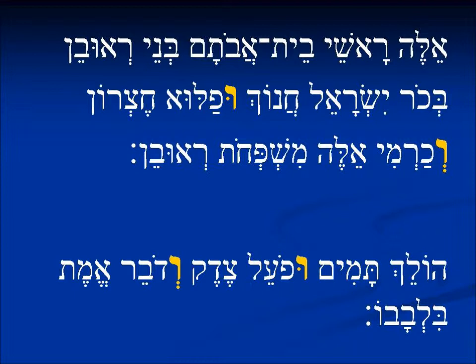Here it's preceded by the "and," the shuruk, the vowel sound "u," ufalu. We get to his later son Carmi, and he just has the regular vav with the shva underneath it. Ele rashei beit avotam bnei Reuven bechor Yisrael Chanoch ufalu Chetzron v'Charmi ele mishpachot Reuven.